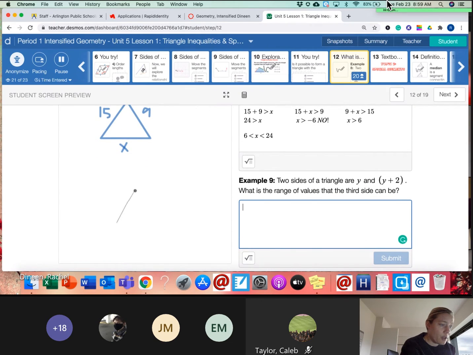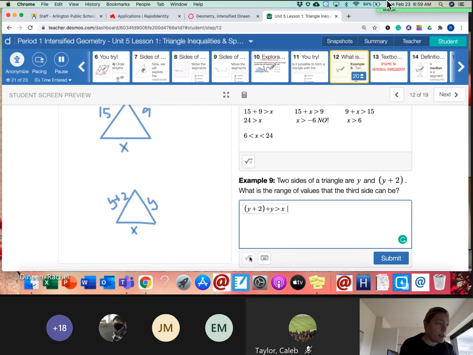So I'm going to go ahead and draw a triangle again. And I have y plus 2, and x. Okay, the process is exactly the same. So I'm going to take y plus 2 plus y is greater than x.